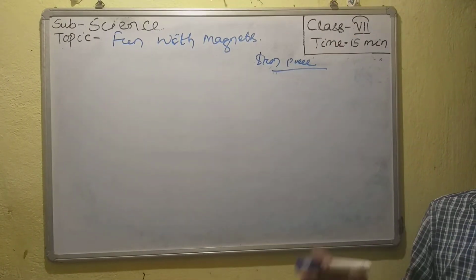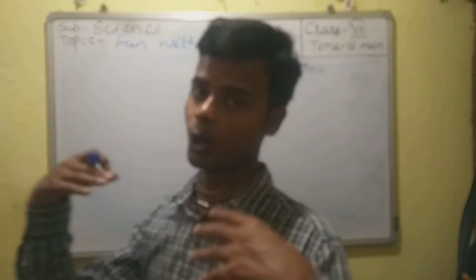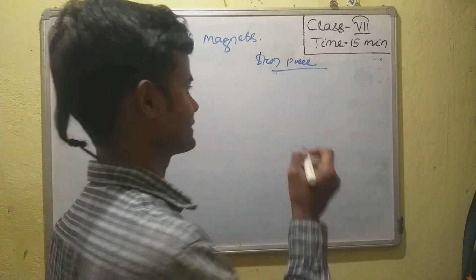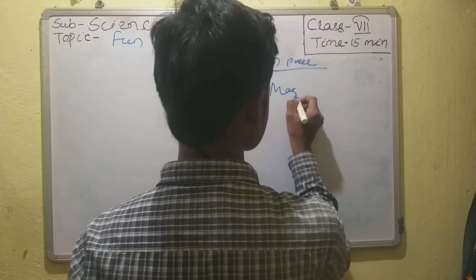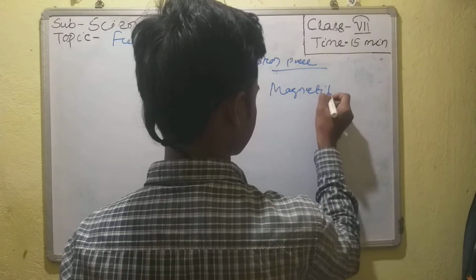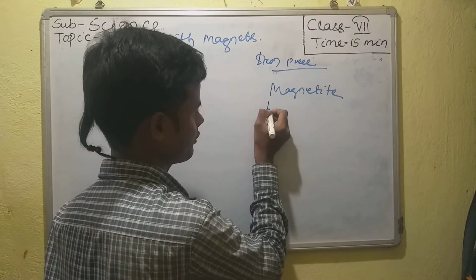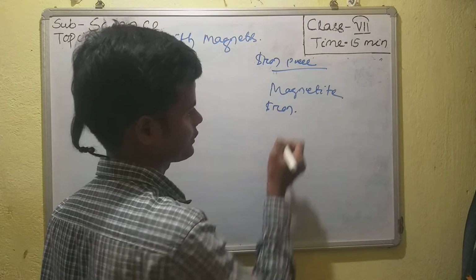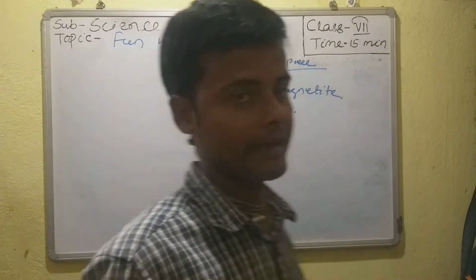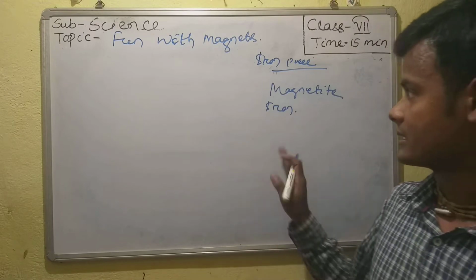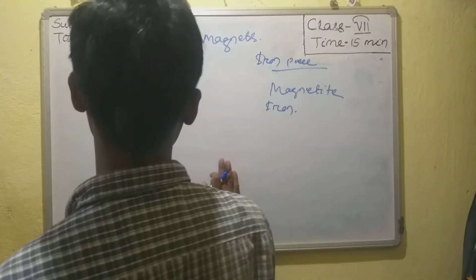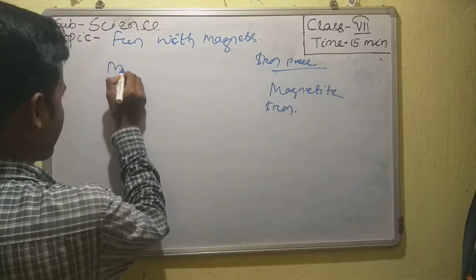At that time he called that rock magnetite. Magnetite is also an ore of iron, right? From magnetite, later on his name, magnets were discovered.